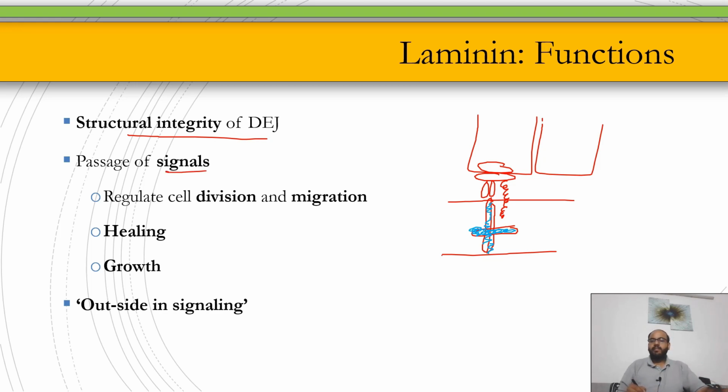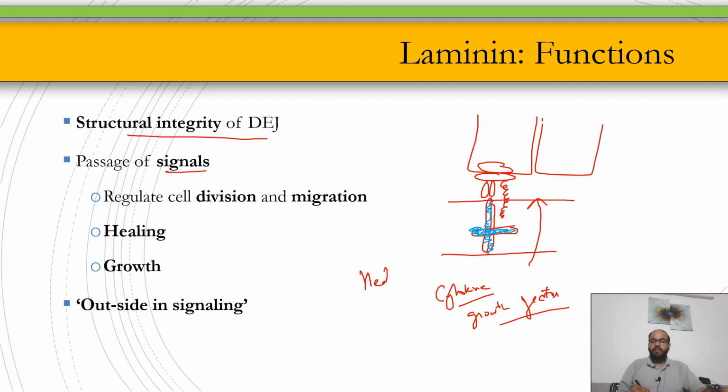Remember all the signals in the form of cytokines, in the form of growth factors. How does the skin know that it has to grow? All the factors, all the stimulations are coming from the dermis, from the body. So the signals are going to traverse this barrier, and laminin being the most abundant protein in the lamina densa, laminins regulate this passage of factors.